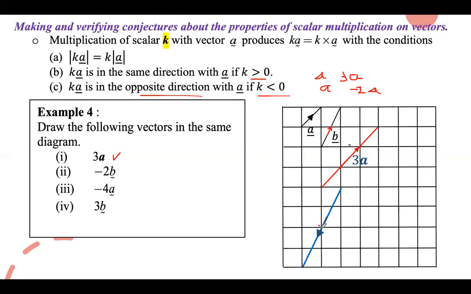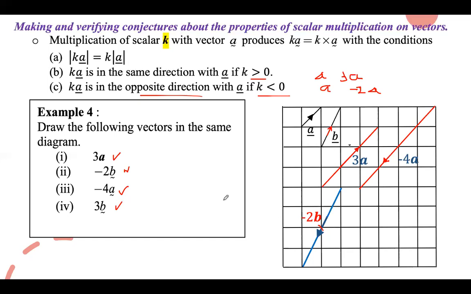Number 3 is negative 4A: 4 times A, 1, 2, 3, 4, but the direction is going down. So it's negative 4A.